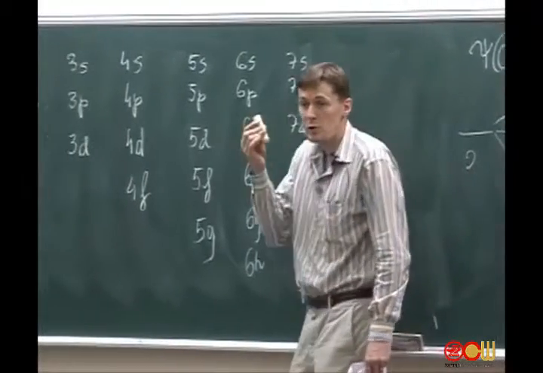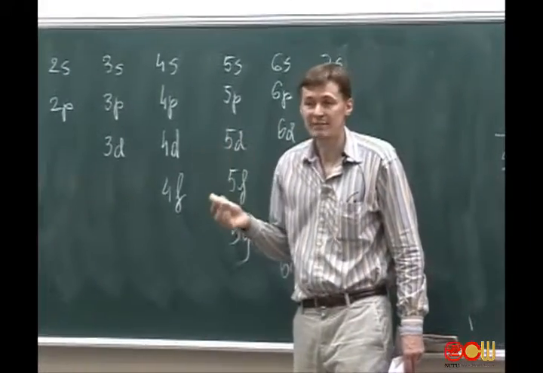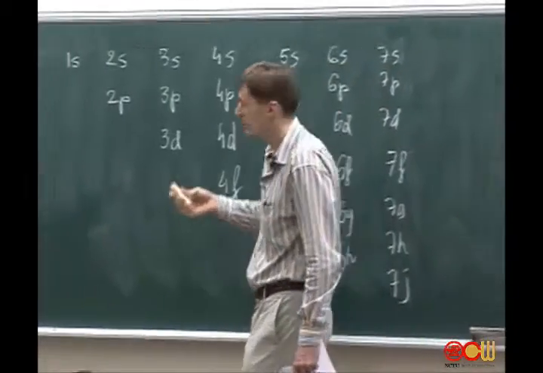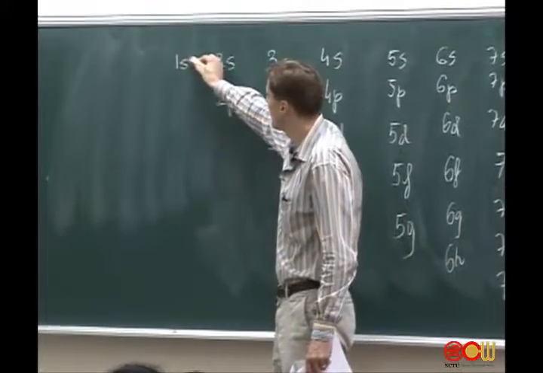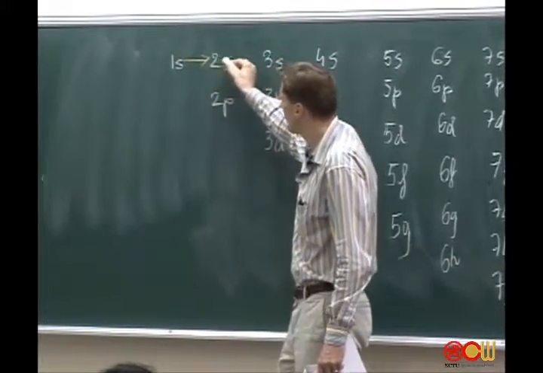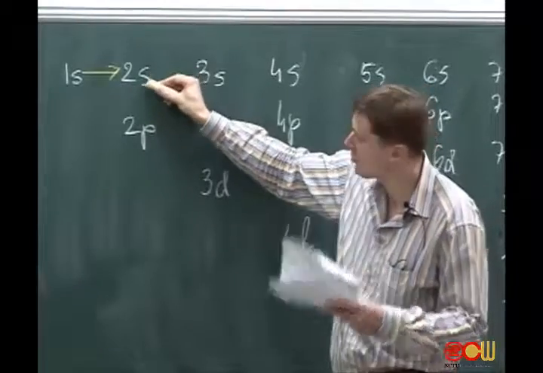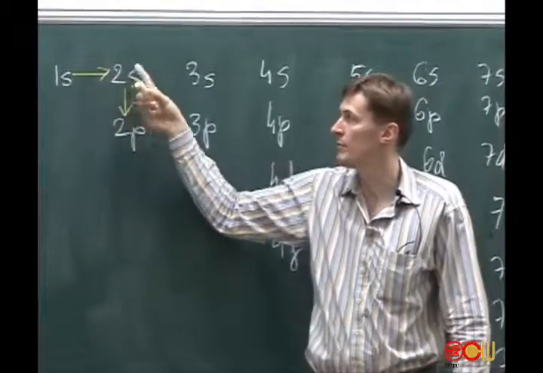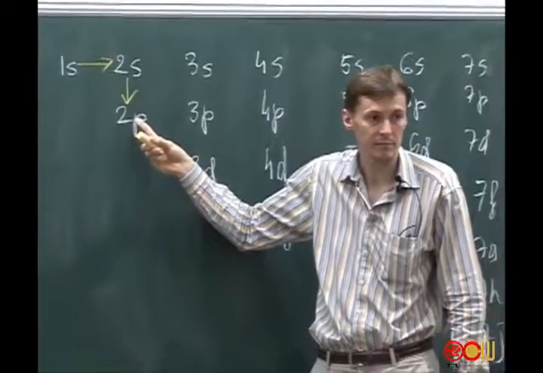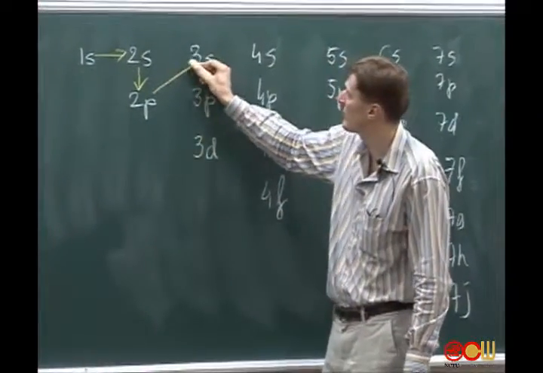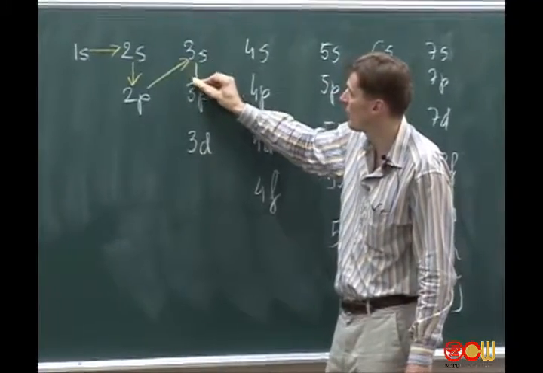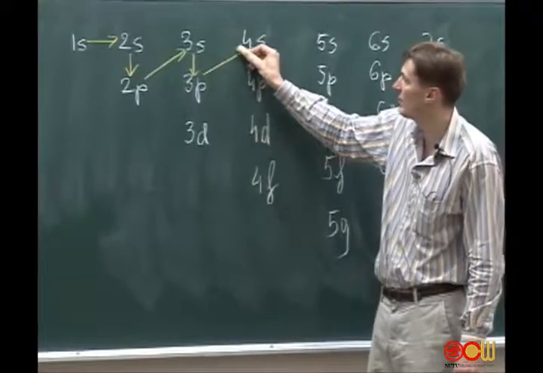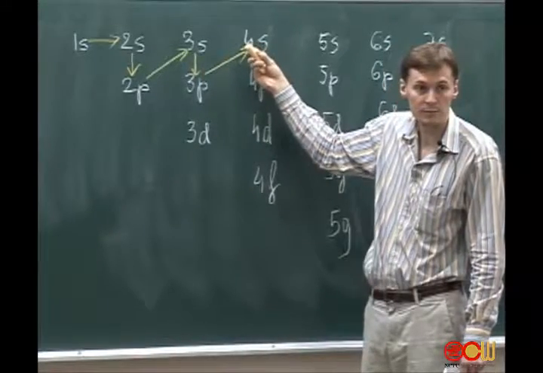Okay, so if you have 57 electrons, how to write the electronic configuration? You put 2 electrons here, then you go here. 4 electrons, then you go down. So 2, 4 plus 6, 10. Then you come back to 3s. Then you go down. Already 20. Then you come back here, 22.